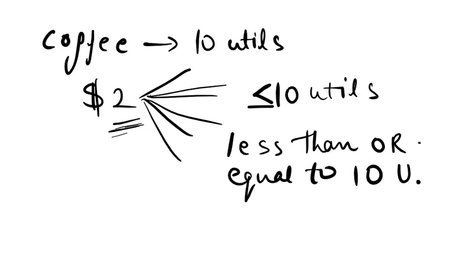Well, only then I'll buy coffee. Here I'm assuming that I'm not addicted to coffee, obviously, because that doesn't really count. So in this case, the utility of money is either less than or equal to the utility of the commodity.